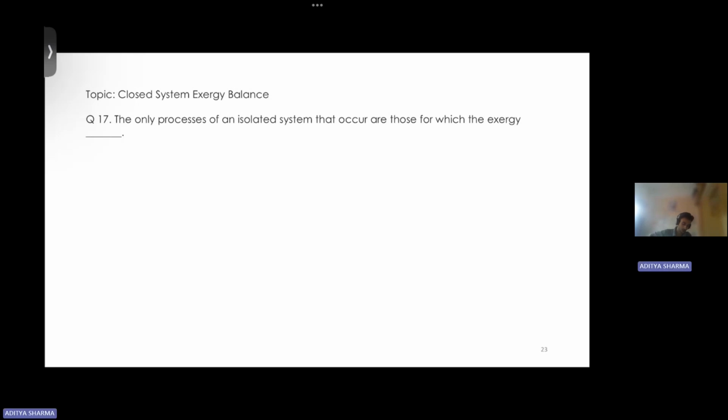So this question is on closed system exergy balance. Again, the question is on the topic closed system exergy balance, and it is a fill in the blank type of question.